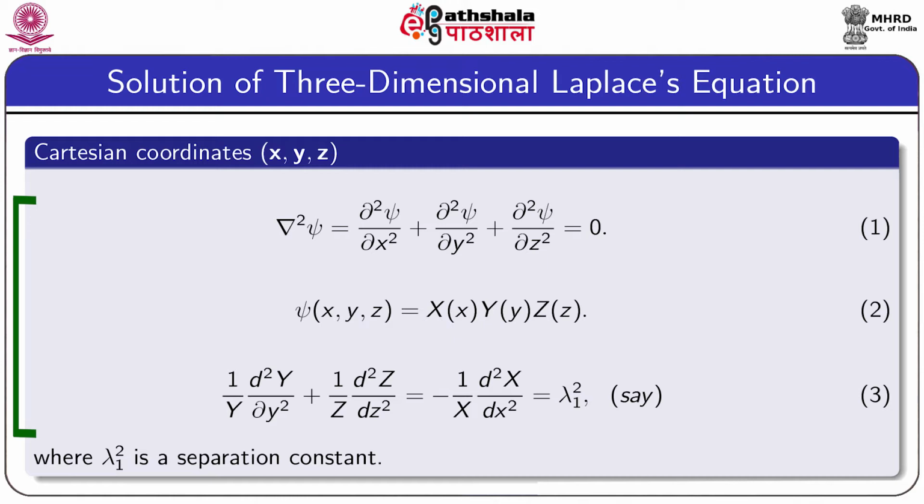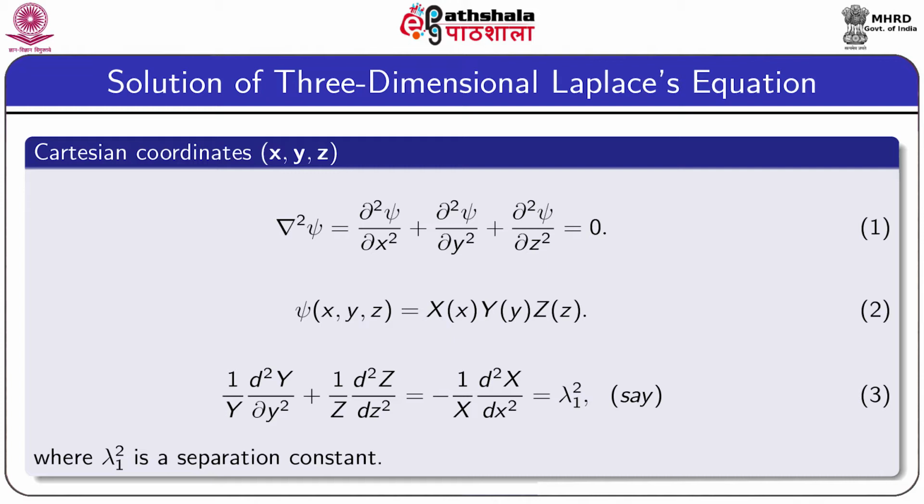In the method of separation of variables, we assume the solution psi as a product of three functions capital X, capital Y, capital Z, where X, Y, Z are functions of small x, small y and small z respectively.